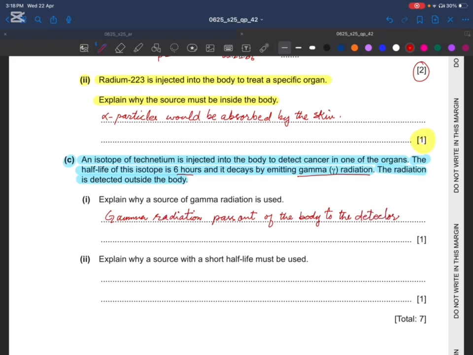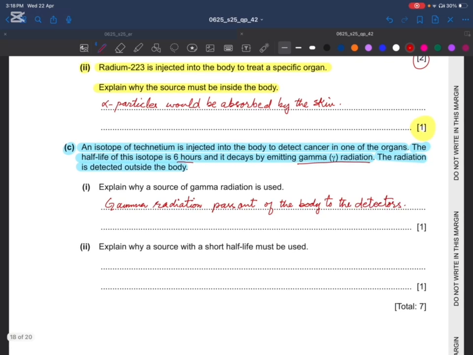If you use anything else, obviously you cannot detect it outside the body, because the penetration of beta particles and alpha particles is very small.